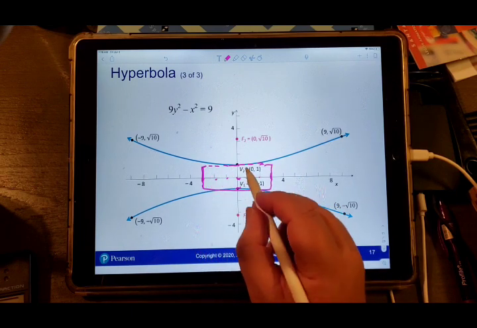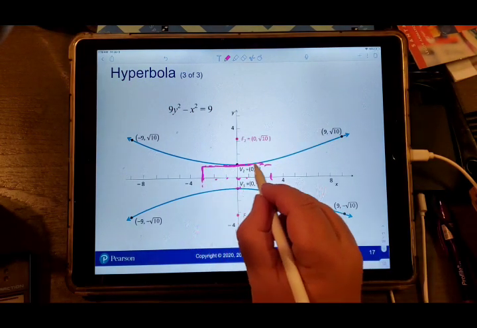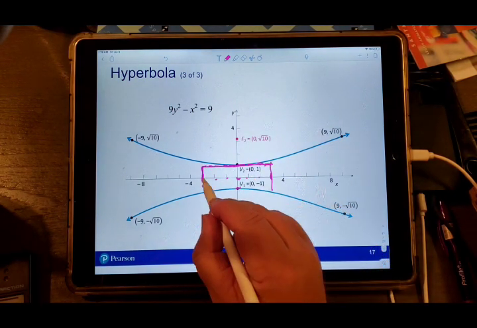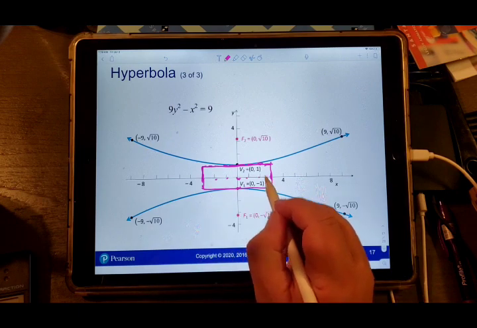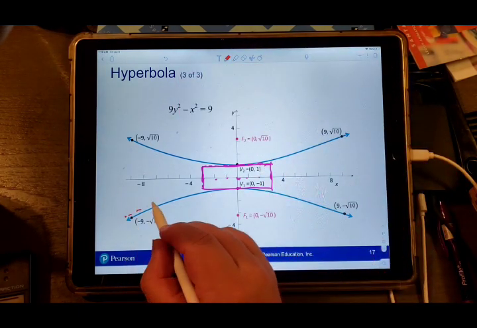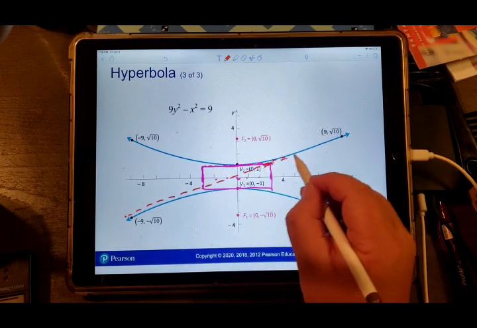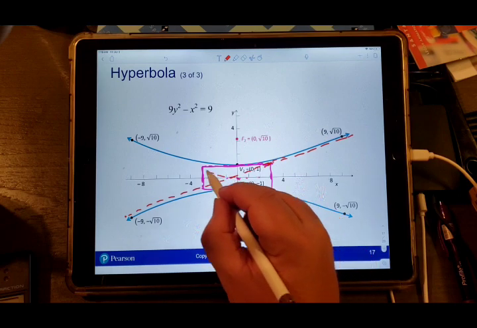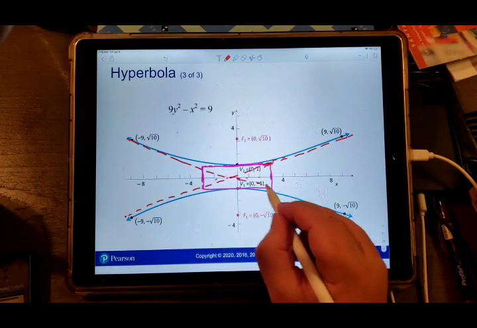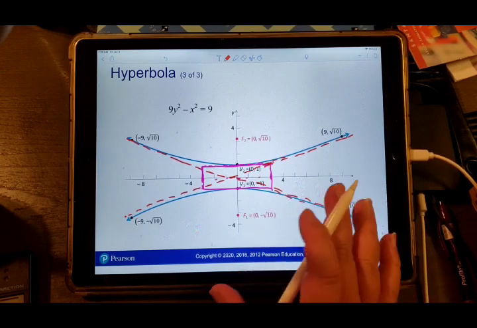Draw a little solid here. I think the author uses red, or the website uses red for these things. So, you know, pierce the corners with your asymptotes. So the asymptotes are guidelines you usually draw first.